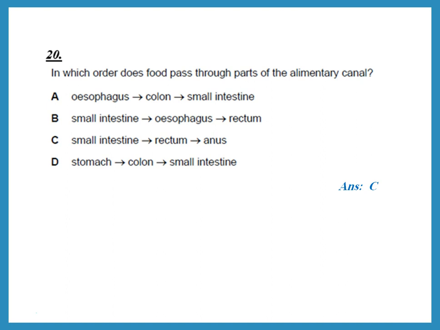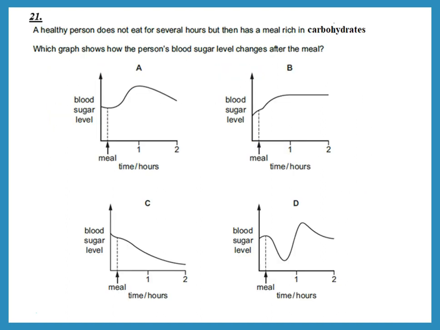The others are wrong. A healthy person does not eat for several hours, but then has a meal rich in carbohydrates. Which graph shows how the person's blood sugar level changes after the meal? Remember, when you eat something that has carbohydrates, the enzymes break up the carbohydrates to glucose.